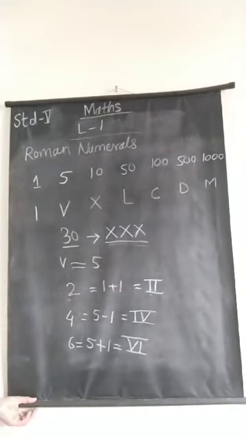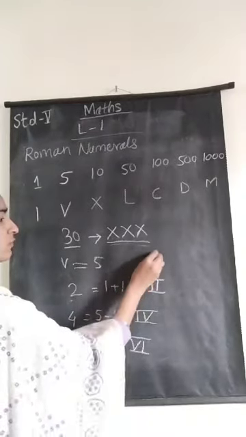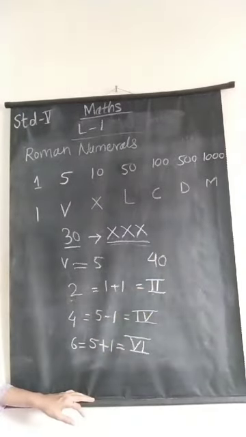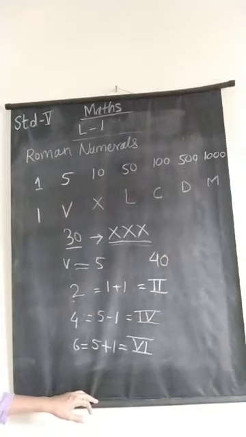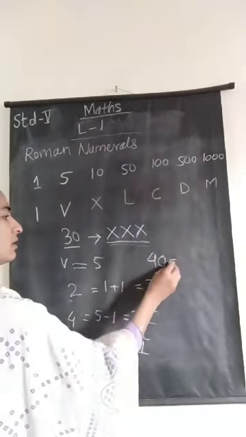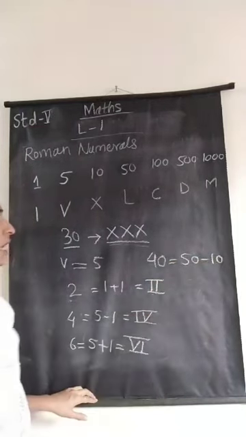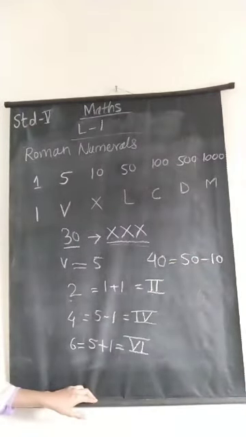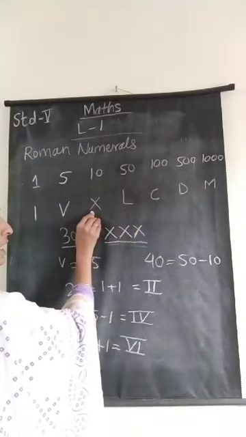If I have to write 40, how are we going to write it? 40 can be written as 50 minus 10. For 50, L is there, and for 10, X is there.